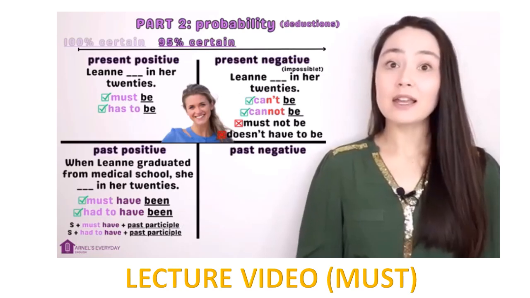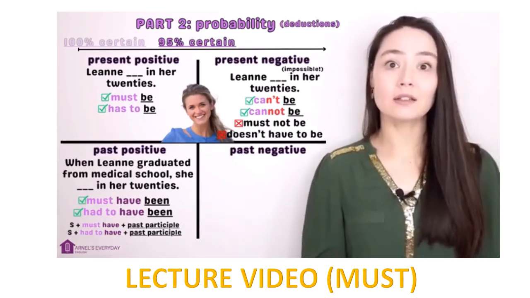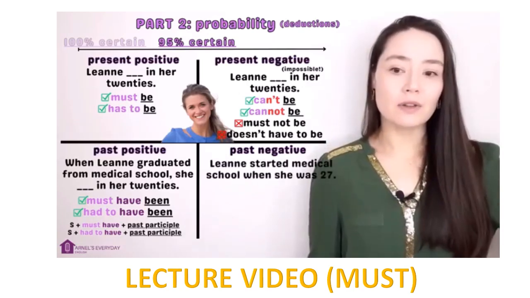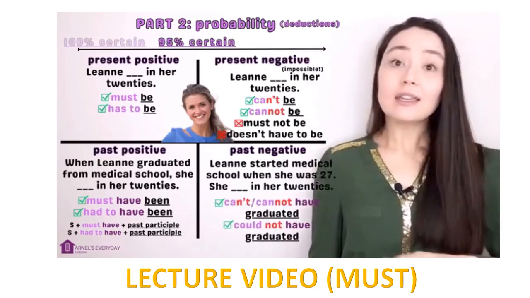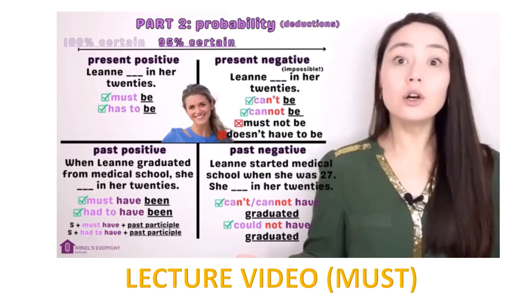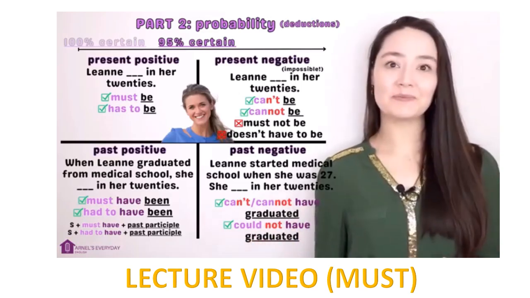How can we make this negative in the past? Impossible in the past. Leanne started medical school when she was 27. She can't have graduated in her 20s. She couldn't have graduated in her 20s. Impossible.